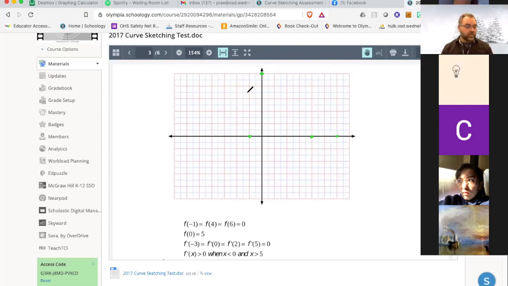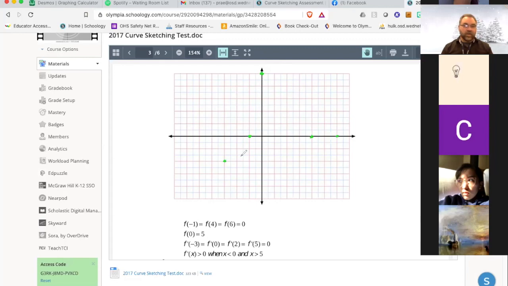And then I'll use just what I know about the graph. So for example, I knew that f was increasing all the way up to 0, but there was a changing concavity at -3. So somewhere down here, doesn't really matter where.